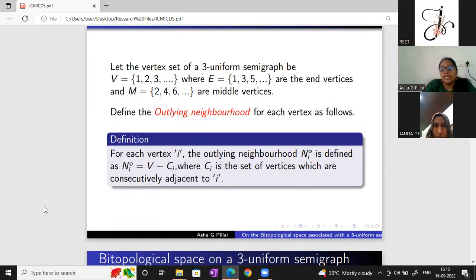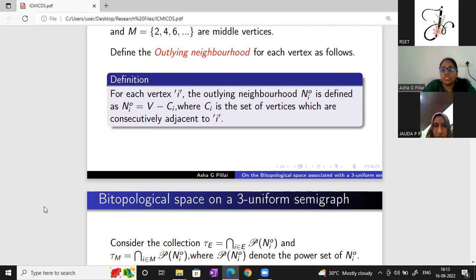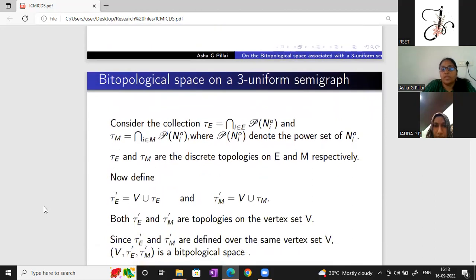Next, define an outlying neighborhood of each vertex as follows. For each vertex i, the outlying neighborhood N_i^O is defined as N_i^O equals V minus C_i, where V is the vertex set and C_i is the set of vertices which are consecutively adjacent to i.